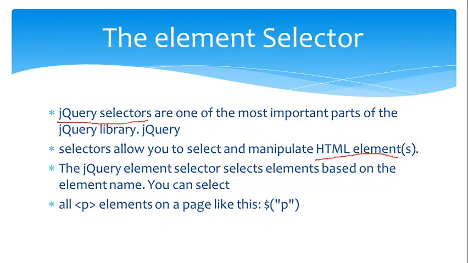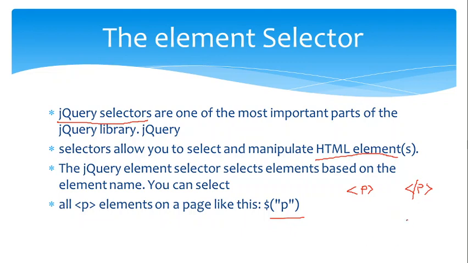Now, what is an element? The jQuery element selector selects elements based on the element name. You can select all p elements on a page like this. In the HTML code you use the p tag, the paragraph tag, a number of times.